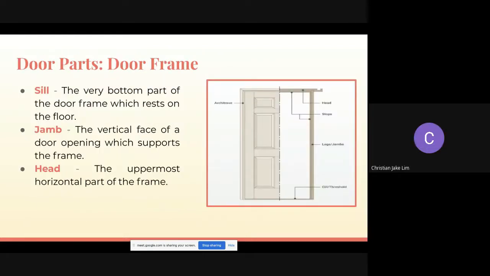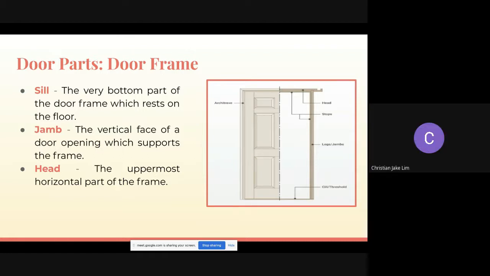So for door parts, as I've said earlier, the two main parts, the door frame and the door shutter, have their own specific parts. So let's go into the door frame first. There are different parts of a door frame. The first one is the sill, which is located at the very bottom part of the door frame, which rests on the floor.